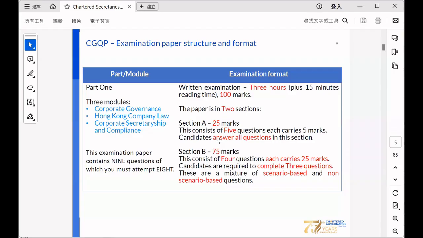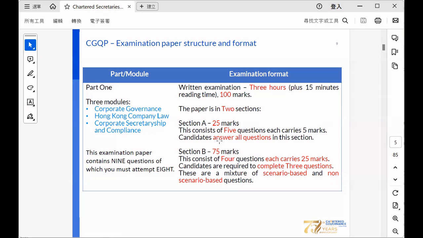Now, section B is, of course, the most problematic one because usually these are scenario-based problems. Very rarely they may set an essay question, but that was very, very rare. So usually you will be given a problem.